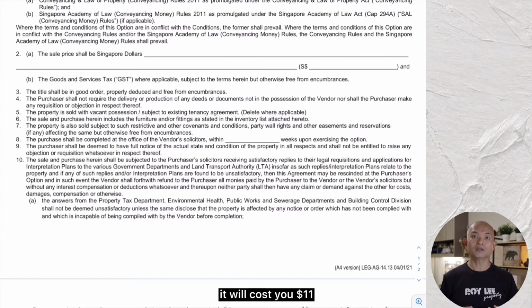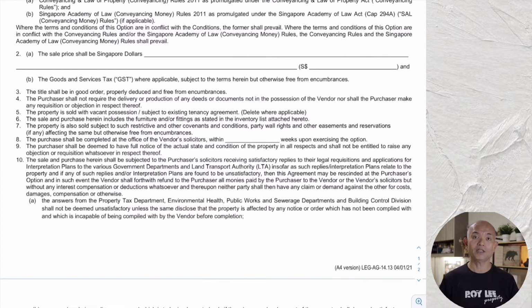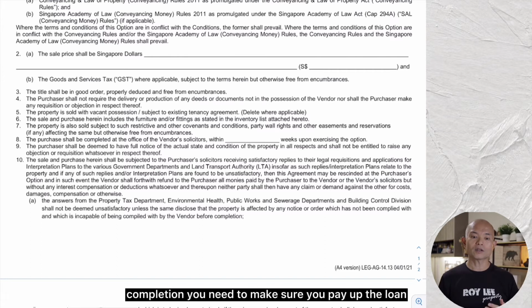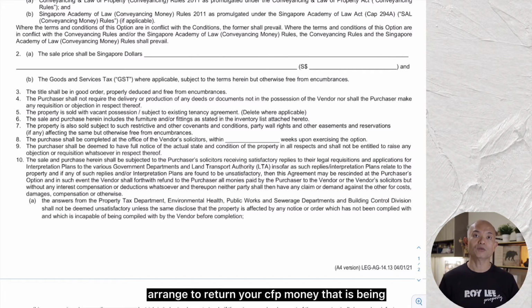It will cost you $11, and typically if you take a bank loan and you use CPF for your property, you'll see these two as encumbrances tagged to that property. So before completion, you need to make sure you pay up the loan and also arrange to return your CPF money that is being used, together with accrued interest, to CPF.